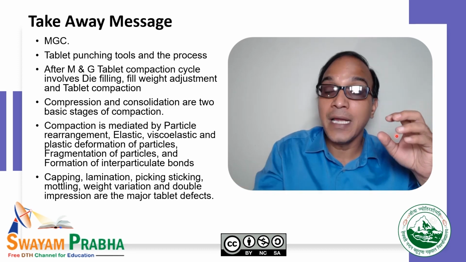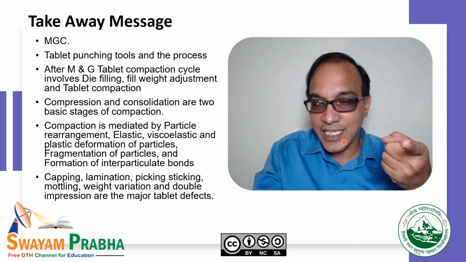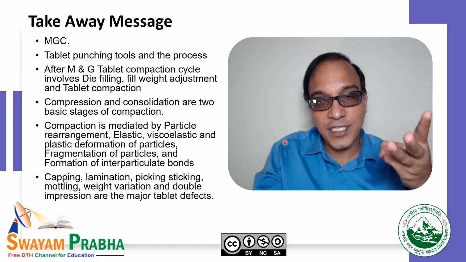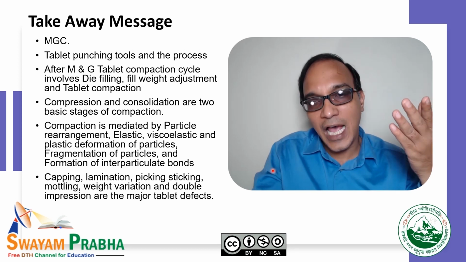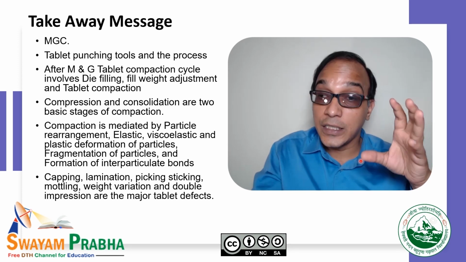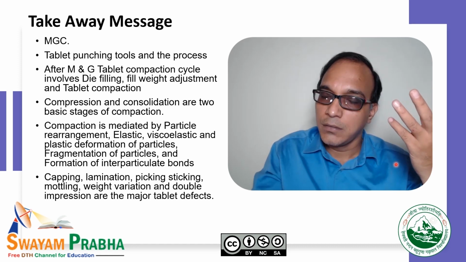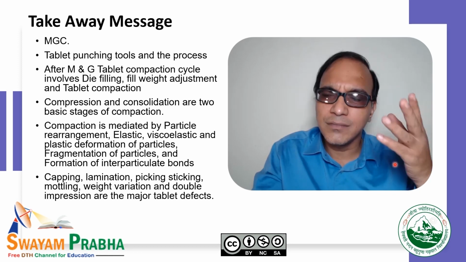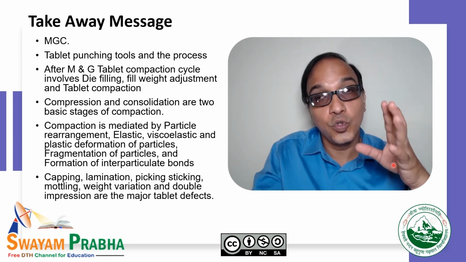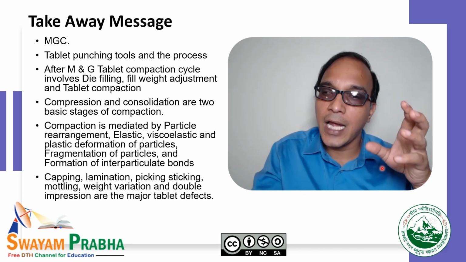Compaction is mediated by particle rearrangement, then elastic deformation, viscoelastic and plastic deformation of particles, then fragmentation of particles, and the formation of interparticulate bonds. They may be of any type, maybe solid bridges or interlocking, which we studied. Please do try to remember these 4 phases and these bonds.